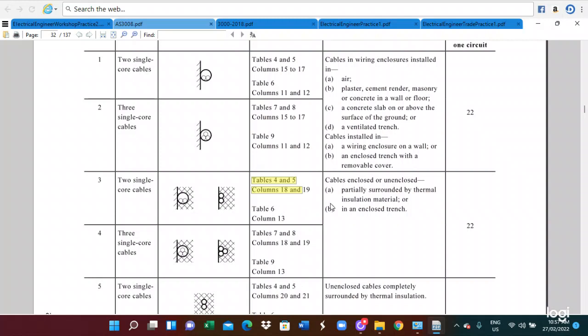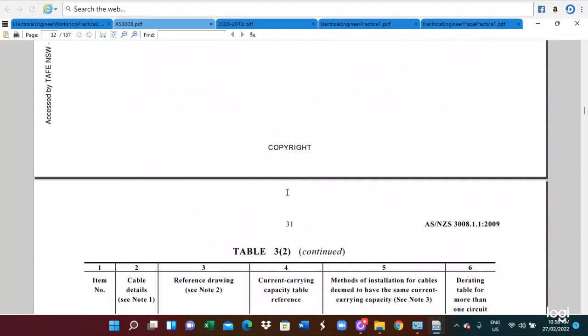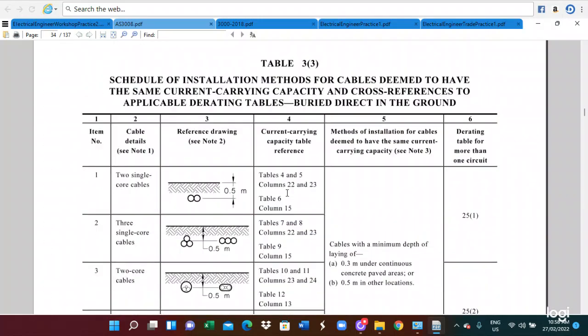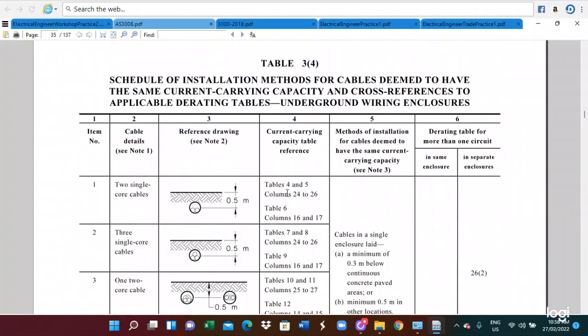Table 4 is for the 75 degrees centigrade operating temperature cable, Table 5 for the 90 degrees centigrade operating temperature cable, and Table 6 for the 110 degrees centigrade operating temperature cable. So in this case, we use the 75 degrees centigrade, so we refer to Table 4, column 18, 19.